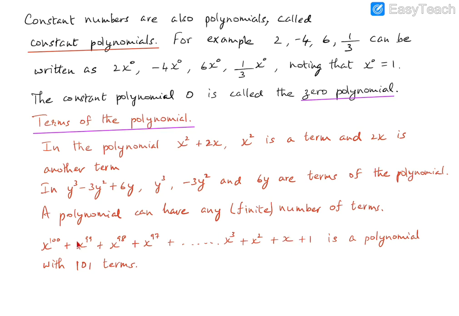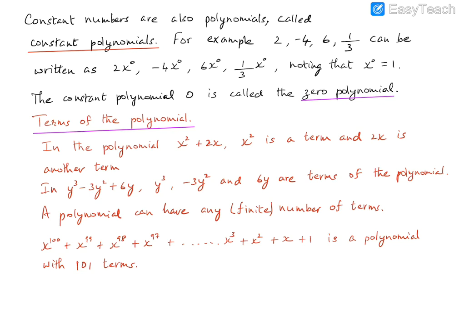From 1 to 100 we have 100 terms, and the x power 0 term is the 101st term. So we have here a polynomial with a total of 101 terms. Similarly, we can have a polynomial with any number of terms as long as the total number of terms is finite.